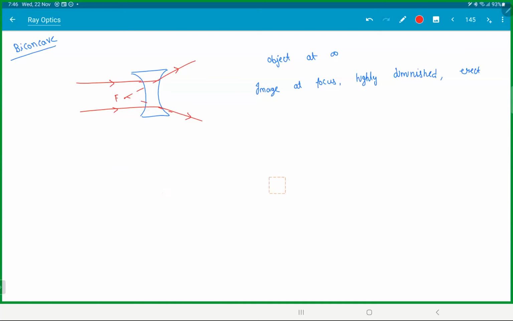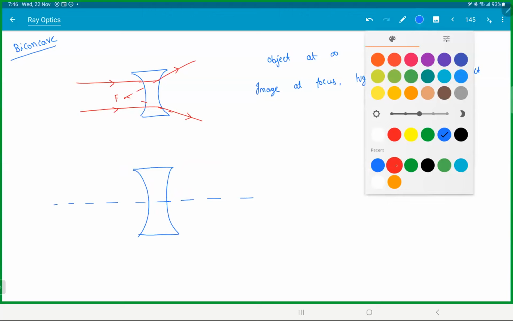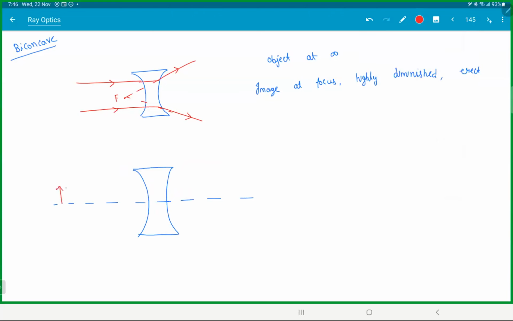I'll magnify this a bit, wait. This will go through the principal axis. This would go like this. So when you extend it, this would be the image.